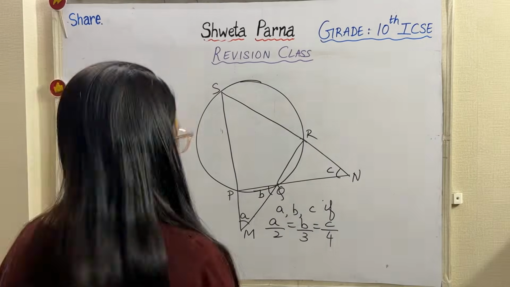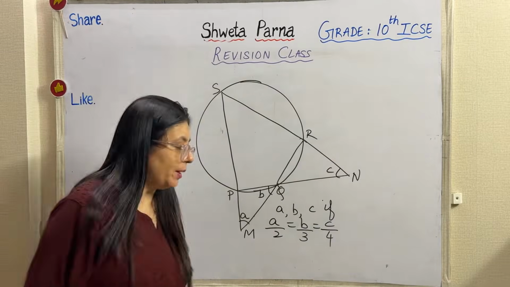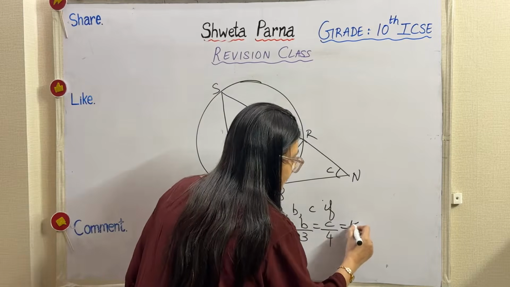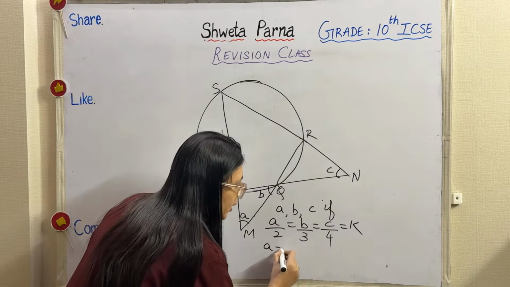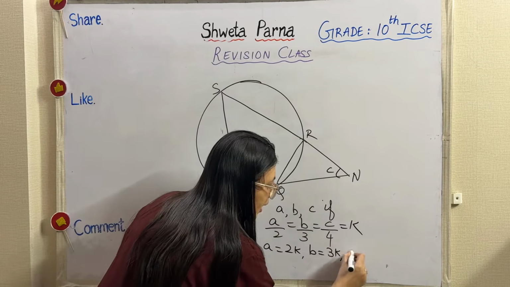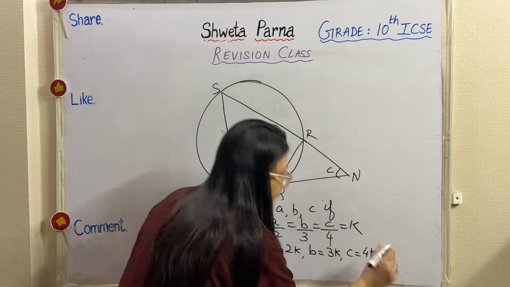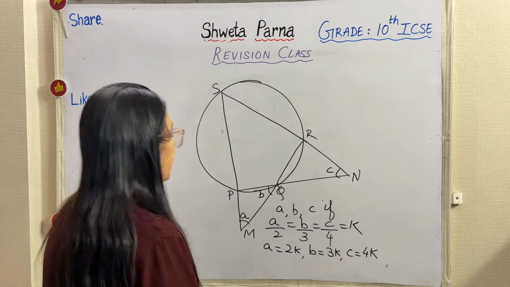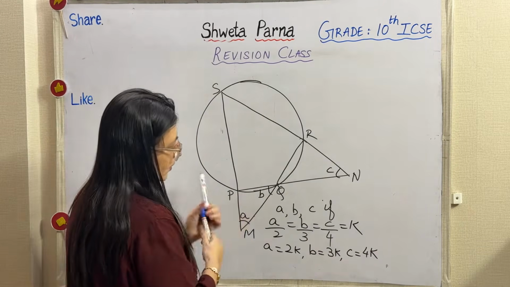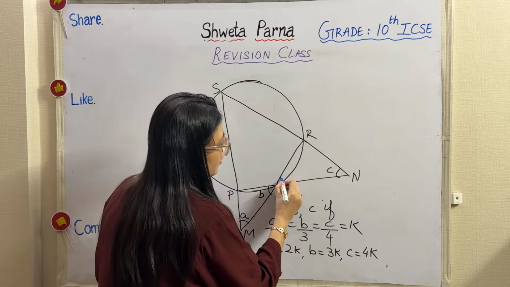See here. Now, A upon 2 is equal to B upon 3 is equal to C upon 4. Let it be K. Okay? So, A would be 2K, B would be 3K and C would be 4K. Now, children, this angle B and this angle will be equal.